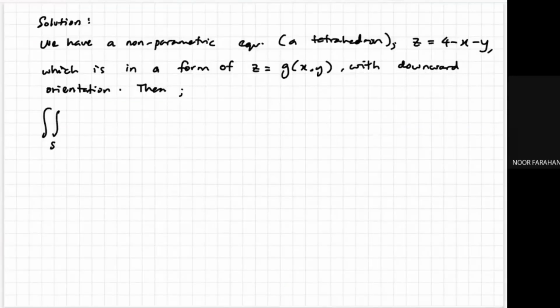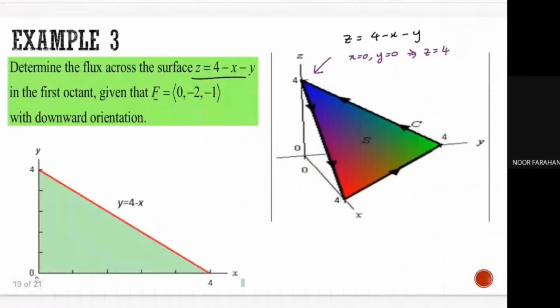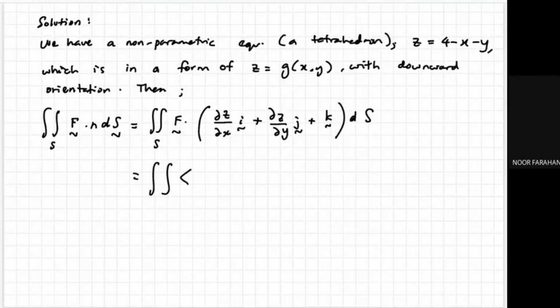Surface integral F dot n dS equals F dot, this is your n, del z del x i plus del z del y j plus k, dS. So what is your F? Okay, this is your F: 0, negative 2, negative 1.